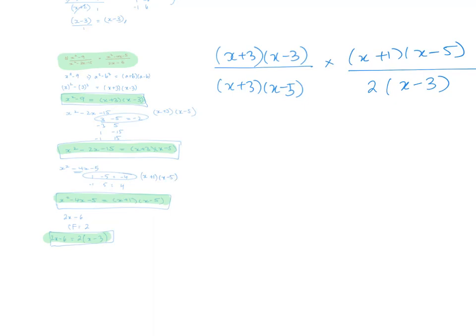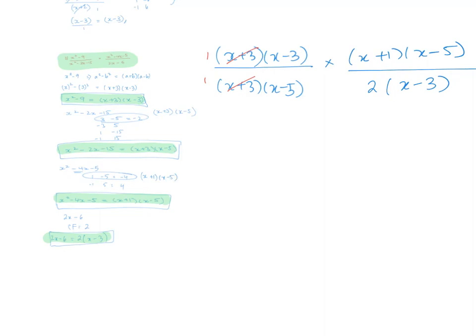So if I see the same factor, the same bracket, the same number, on the numerator and the denominator, I could actually cancel them. So over here I have x plus 3 and x plus 3. Now that gives me 1 and 1. And I know 1 times anything will give me whatever the number there is. So 1 times x minus 3 is going to give me x minus 3. So over here, I move to the second fraction.